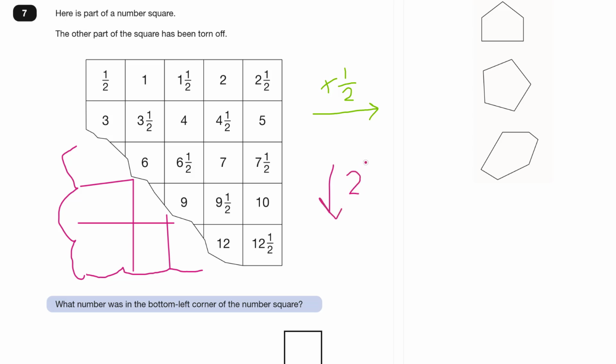You could also calculate 2.5 from this number 3, because we are looking for the bottom left hand corner, we're looking for this bit. But I think that counting in halves is easier than counting in 2.5, but we need to remember that we're going backwards. So we've got 12.5, 12, 11.5, 11, 10.5.